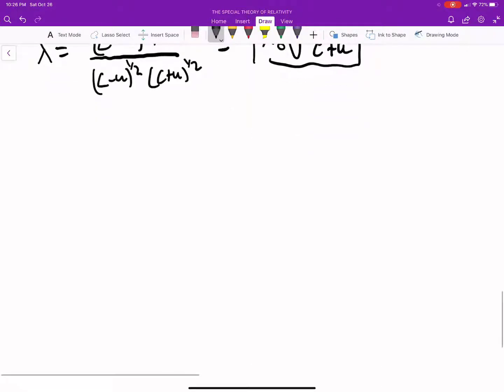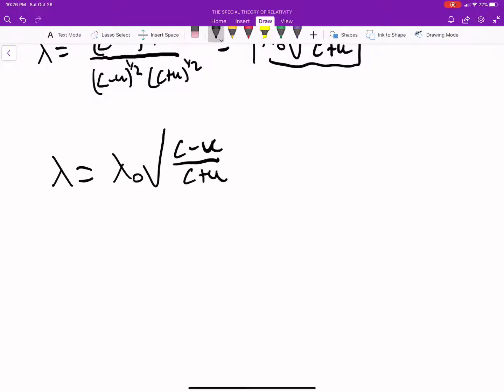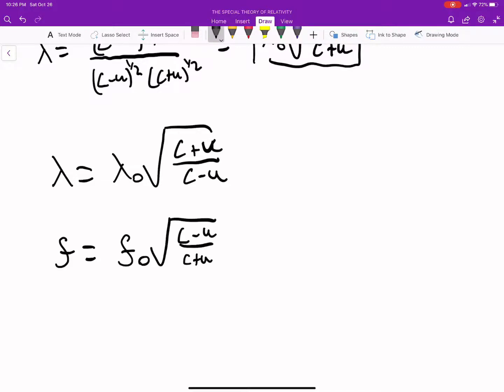So let's work through this. Lambda equals lambda naught, the square root of c minus u, not v, over c plus u, which we can just say is the frequency is equal to f naught, the square root of, sorry, this is plus, this is minus, and now we flip it. So we have c minus u over c plus u.